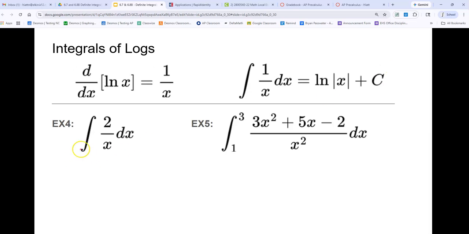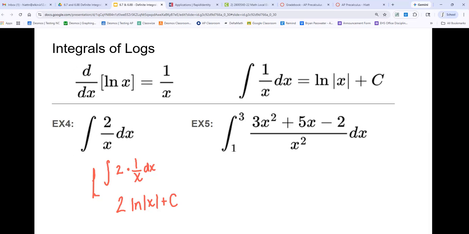If I see something like 2 over x, that could be written as 2 times 1 over x dx. So that 2 is just a coefficient. I'd have 2 times the natural log of the absolute value of x. This one will have a plus c. Do it in there as a reminder. That one's not a definite integral.